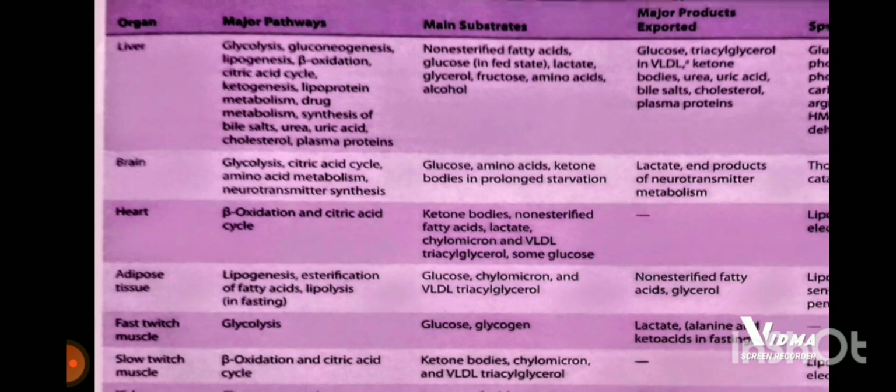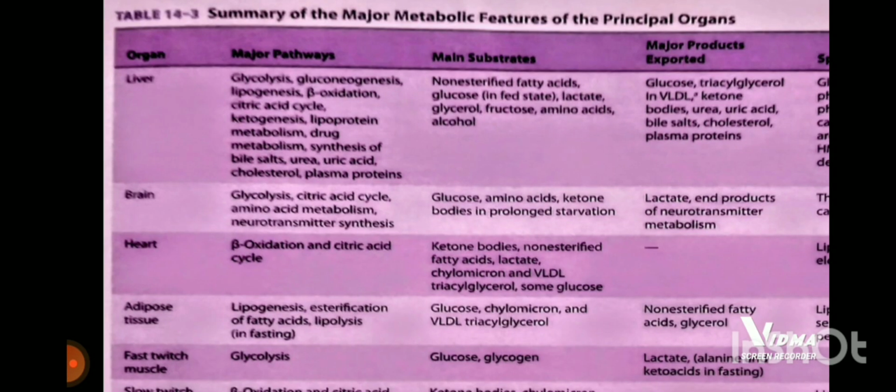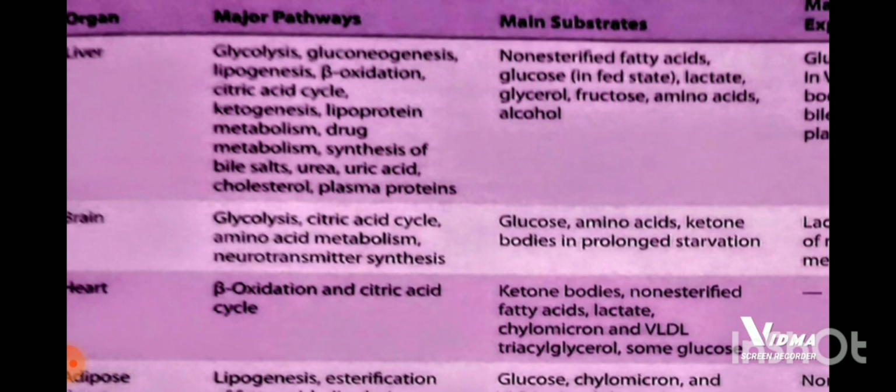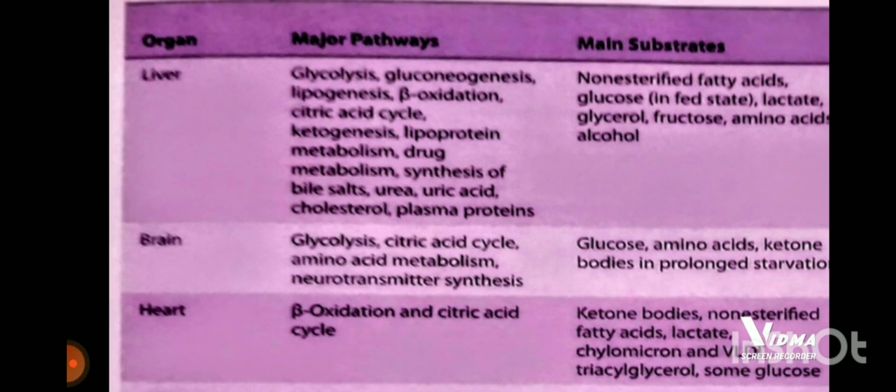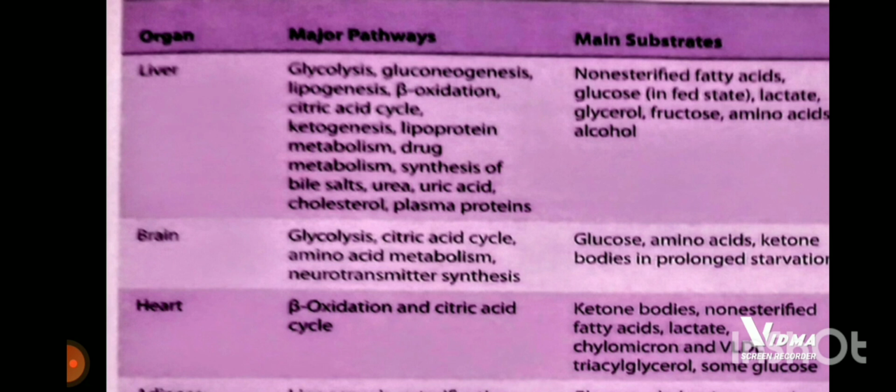First, we try to understand the liver. Which pathways run in the liver? Glycolysis, gluconeogenesis, lipogenesis, beta oxidation, citric acid cycle, ketogenesis, lipoprotein lipase, metabolism of drugs, synthesis of bile salt, urea, uric acid, cholesterol, and plasma protein.